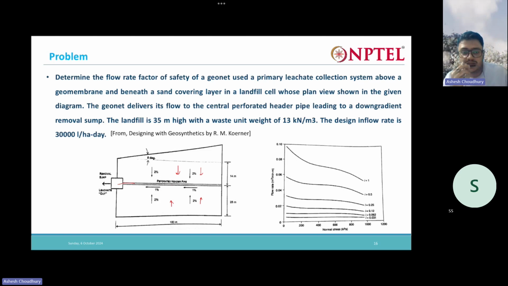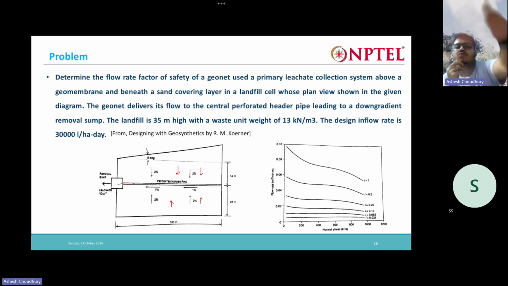The landfill is 35-meter high with a waste unit weight of 13 kilonewton per meter cube. So you have a 35-meter high landfill, and below at the base you have this drainage system. First you have sand, and below sand you have placed a geonet.